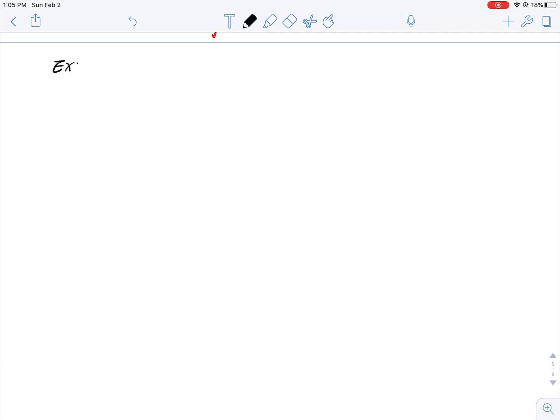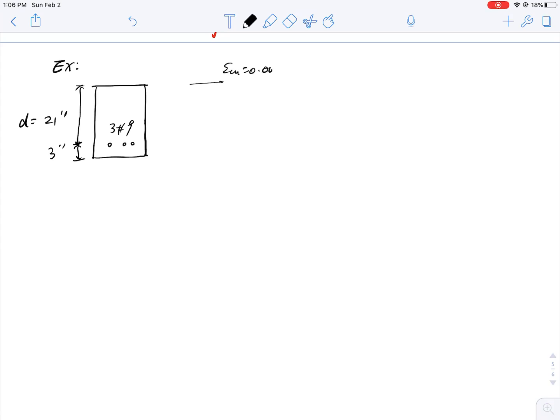Example. Let's just say from our last example we have 3 bars, remember, number 9 bars, and we have a depth of 21 inches. Concrete cover 3 inches. And I have a compressive strain equal to 0.003 at failure.